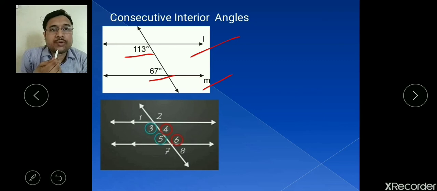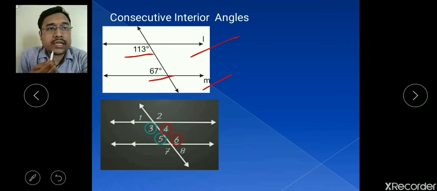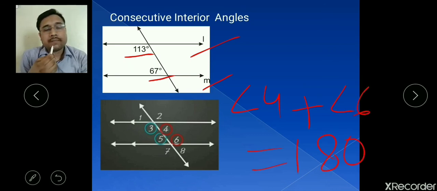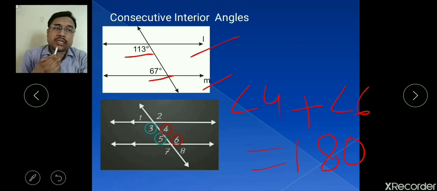Here in this diagram you can see that angle 4 and angle 6 are consecutive interior angles. If you add angle 4 plus angle 6, it will come 180 degrees also. That means this is the property that the sum of consecutive interior angles is 180 degrees. Each pair of consecutive interior angles is supplementary.